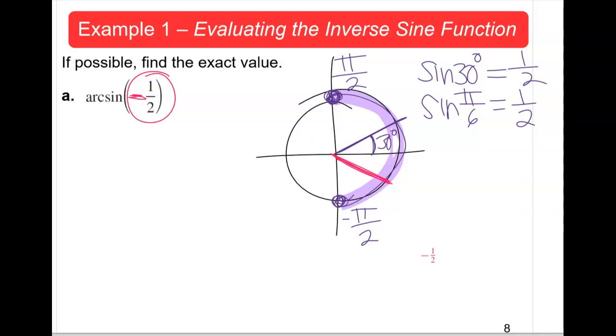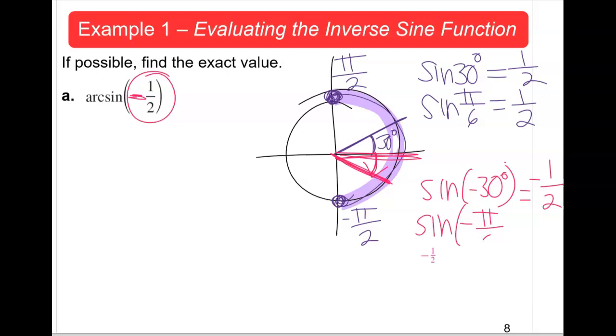Instead, I'm going to take an angle from standard position, but in the negative direction. And that just happens to be negative 30 degrees. And the sine value will be negative 1/2. In radians, it will be the sine of negative pi over 6, and that will equal negative 1/2.